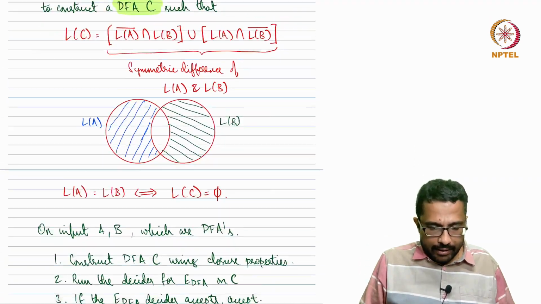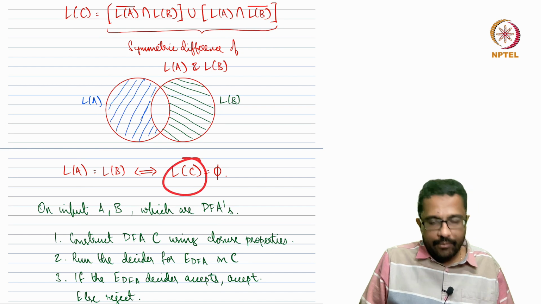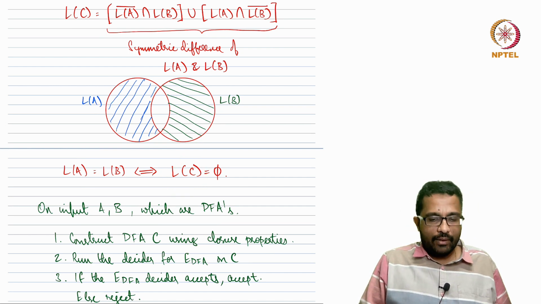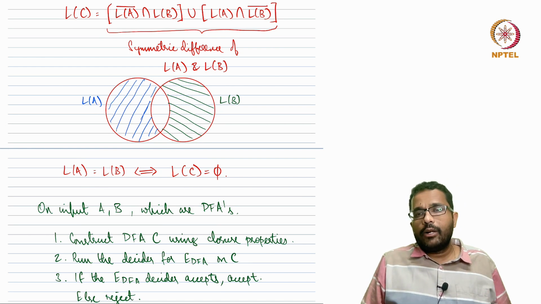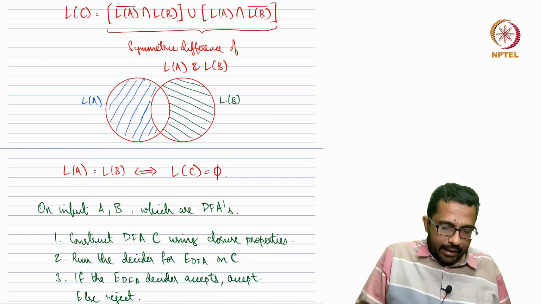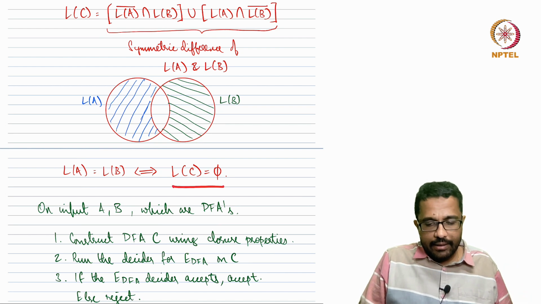So now we constructed this DFA C, which recognizes the symmetric difference. And all that we are interested in now knowing is if the symmetric difference is empty or not. So we use the E-DFA decider to decide if L of C is empty.